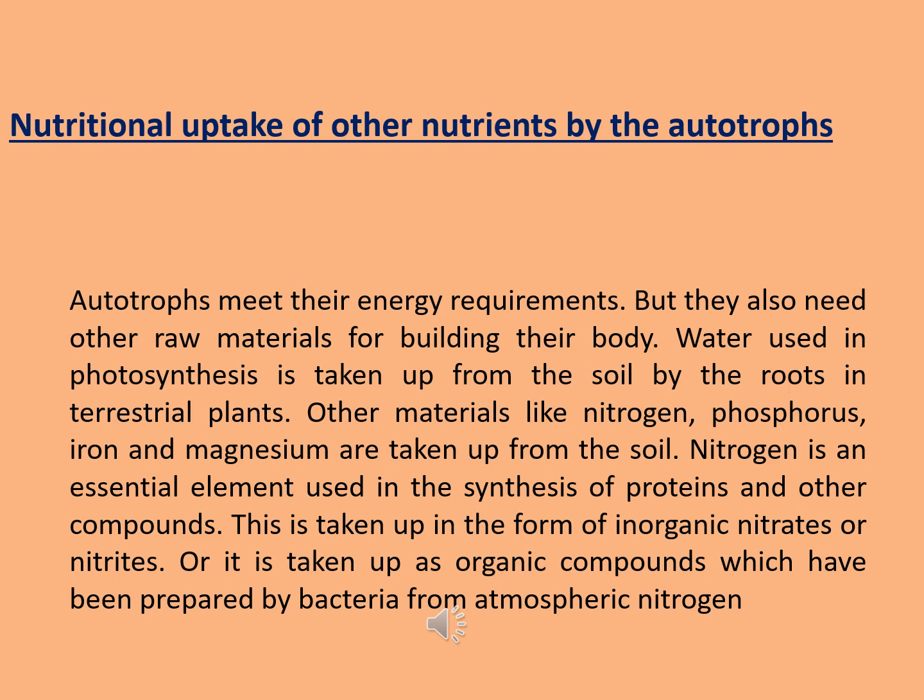We can understand it by the example of nitrogen. Nitrogen is absorbed by the plants through their roots, and further in their cells they make amino acids and finally protein. Similarly, other nutrients are also utilized by the plants in their cells for making different kinds of chemical compounds.